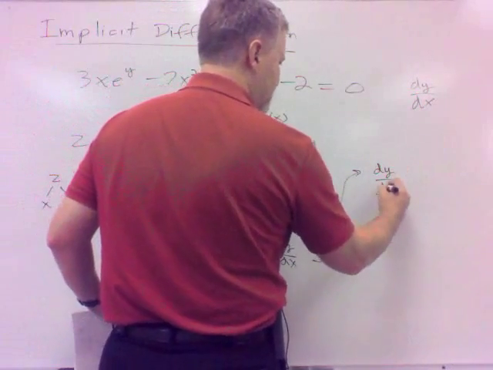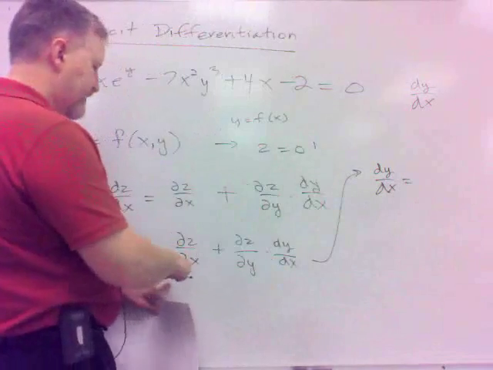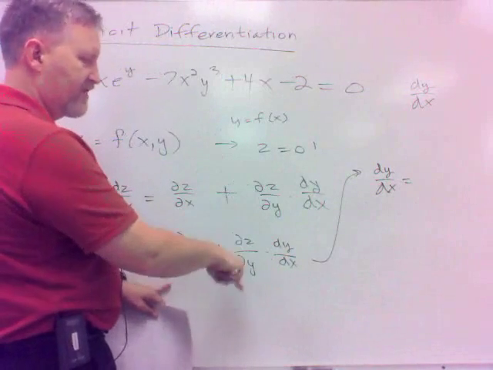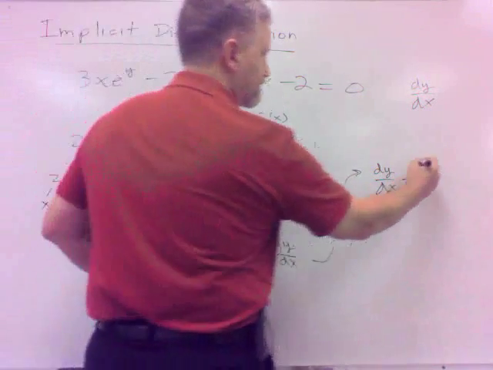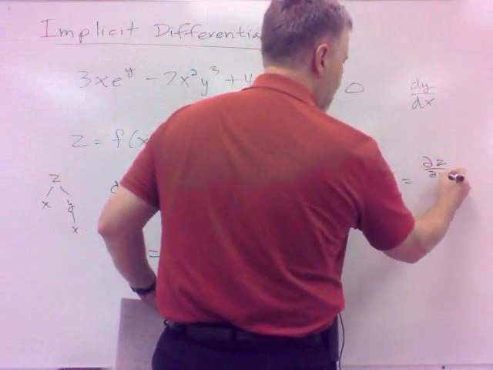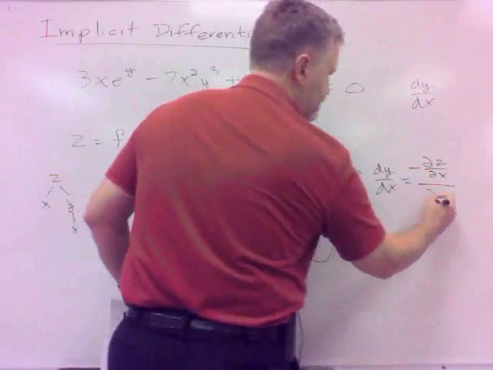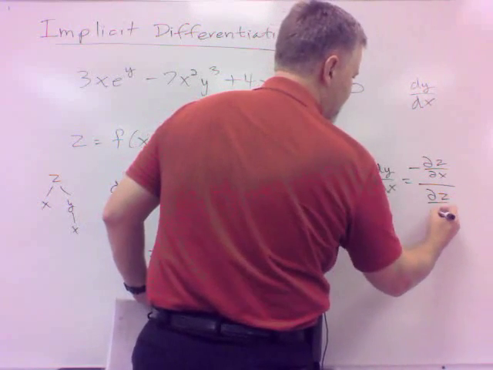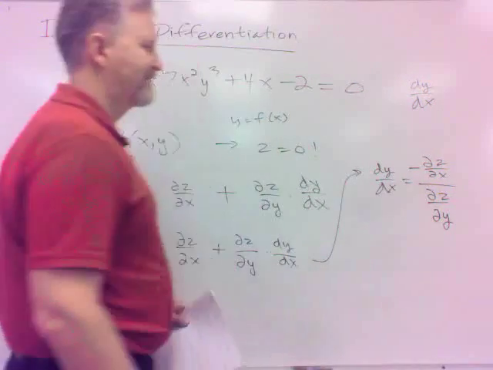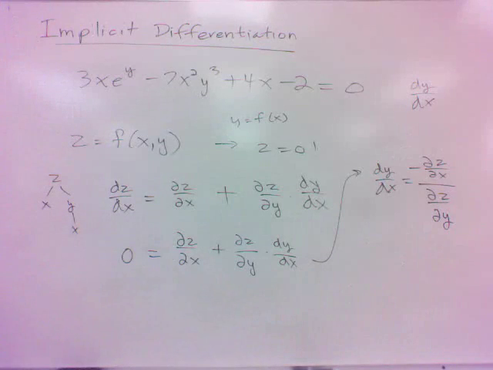What would dy dx here equal? Well, you'd subtract the partial of z with respect to x and then divide off the partial of z with respect to y. So we subtract that and then divide by that. Okay?